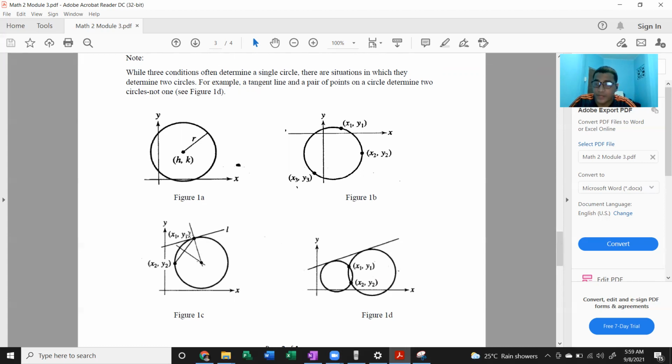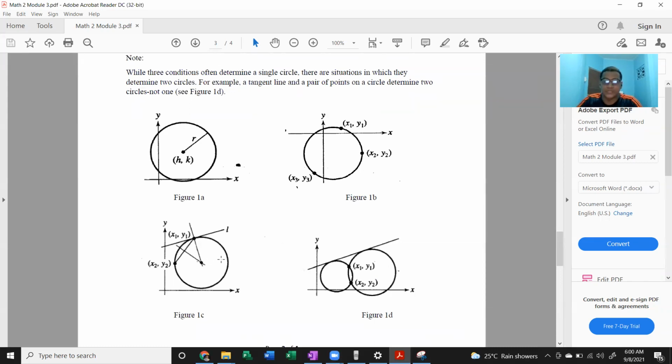And since it passes through x1, y1, using point-slope form, we can solve for the equation of this line. And then to find the point of intersection of these two lines, just solve the system of equations simultaneously. Then we can now determine the center and get the radius by distance formula, and then proceed to case 1.